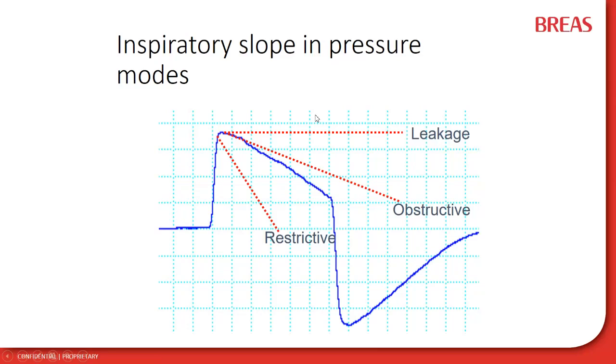This is a summary of the different possibilities we have in the descending slope: faster in restrictive, slower in obstructive, and almost flat when there is leakage.